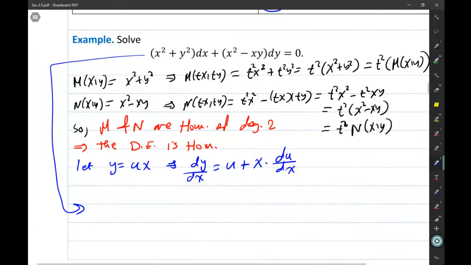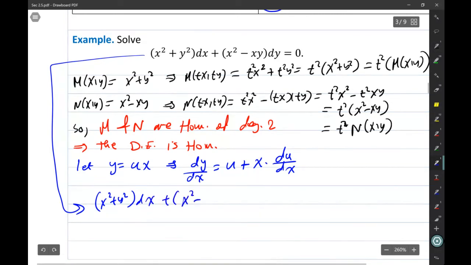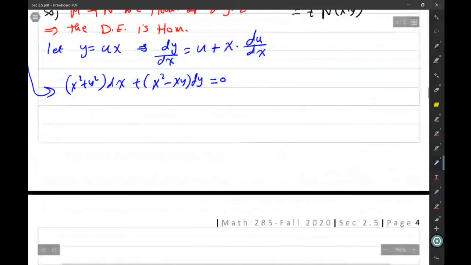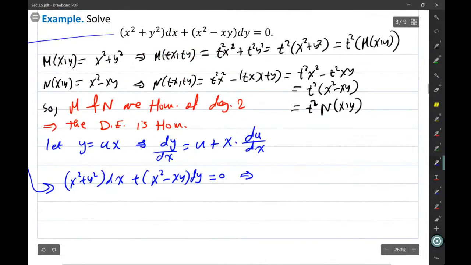So the differential equation, x square plus y square dx plus x square minus xy dy is equal 0, implies that when you take x square plus y square dx to the other side and divide, you will get dy by dx is equal x square minus xy divided by x square plus y square.